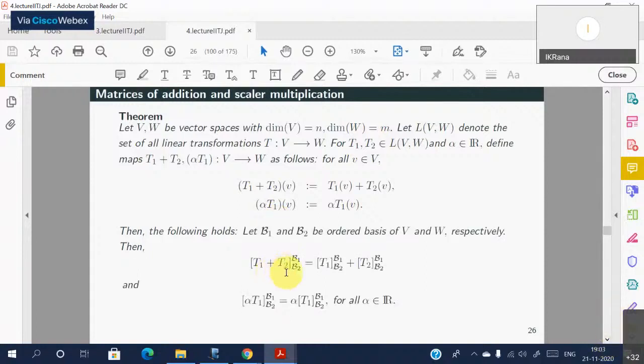For T1 plus T2, the matrix representation with respect to a basis B1 in the domain V and B2 in the range W is the same as the matrix representation of T1 plus the matrix representation of T2. Similarly, alpha times T1 is a linear transformation whose matrix representation is the scalar multiple of the matrix.